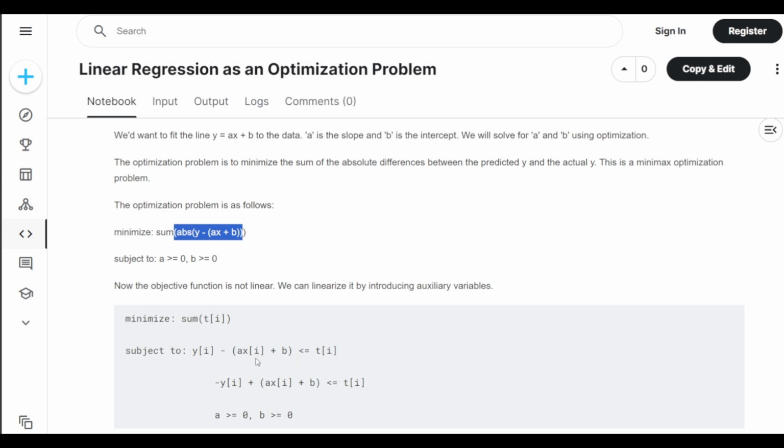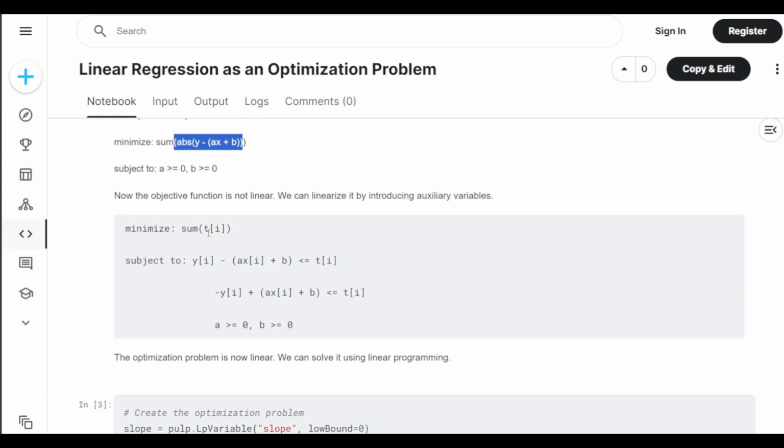We can introduce the auxiliary variable t of i for all i, where i ranges from 0 to n, and n is equal to 100, the number of data points that we have. And we can say y of i minus (a times x of i plus b), this is the delta, is less than or equal to t of i. And if you can imagine here, we can write a less than or equal to sign, and it should be between minus t of i and t of i, right?